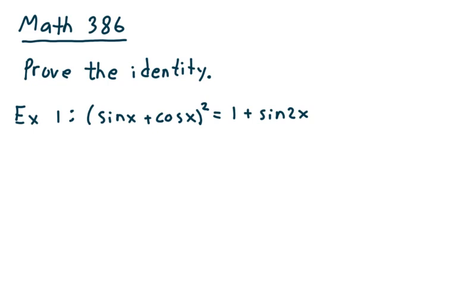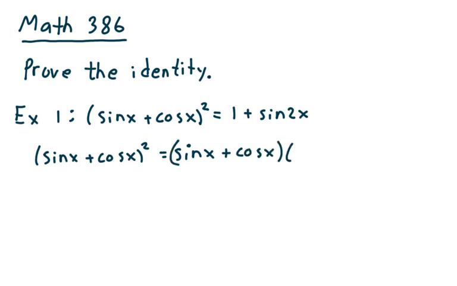And so what I'm going to do is start with sine x plus cosine x squared. But that's equal to sine of x plus cosine x multiplied by sine of x plus cosine x.